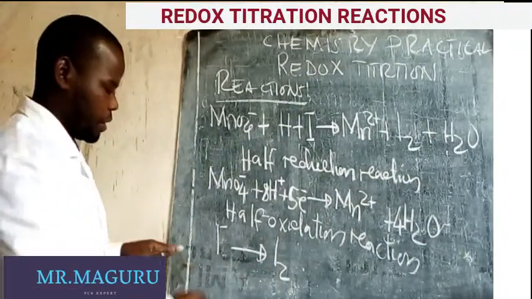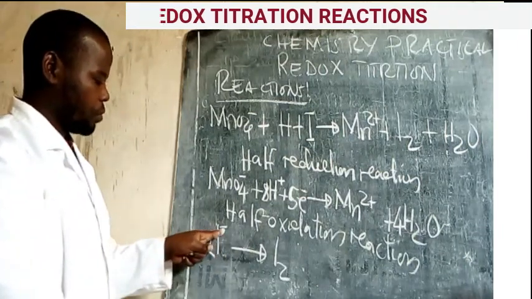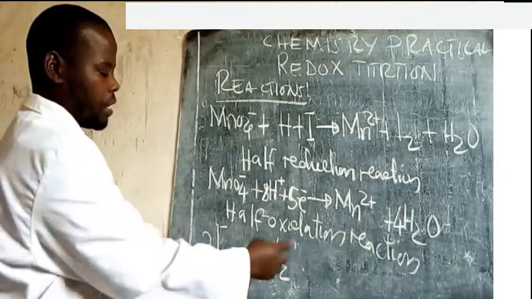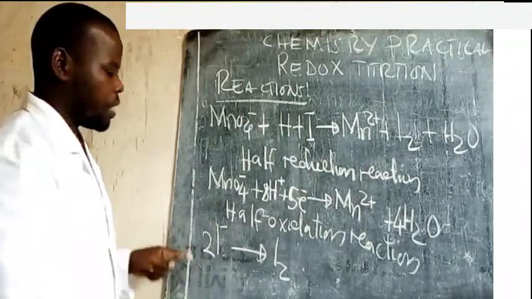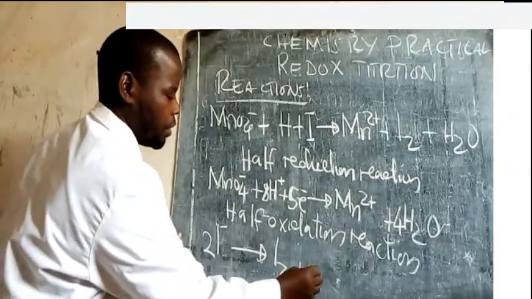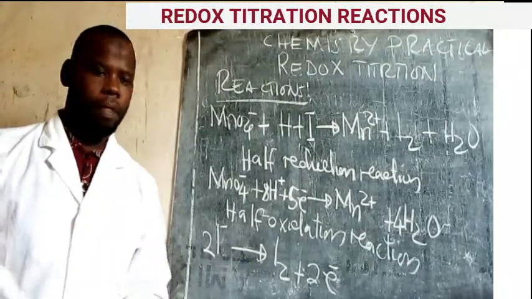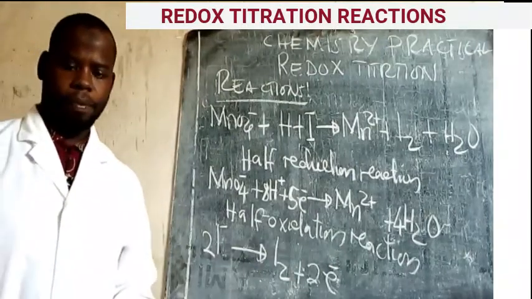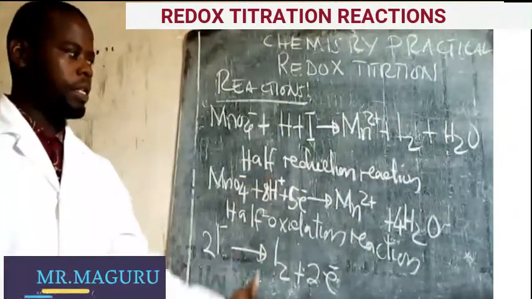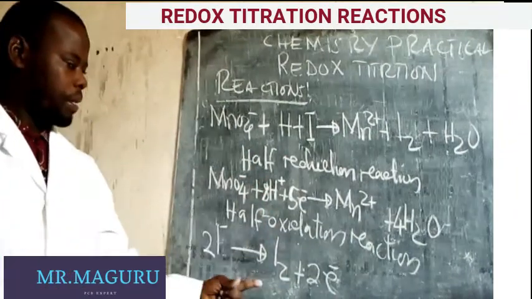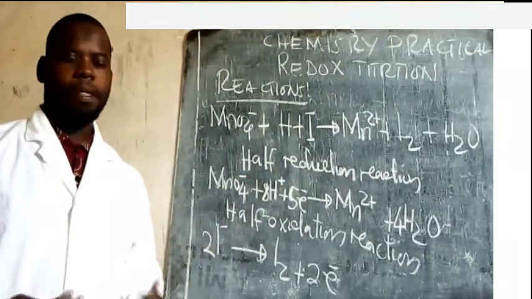When we balance, you get 2 here, but the ions here are 2, and here there is no ion. So in order to balance, you have to add 2 electrons. So that is balanced. So for the first titration of this one, you have to find the overall reaction.